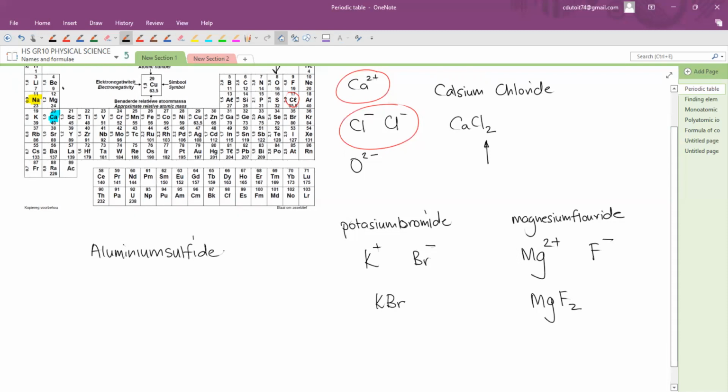So it's aluminium and sulfur. Aluminium is in what group? Al. Is it in group 3? Charge. 3 positive, plus. 3 plus. Awesome.